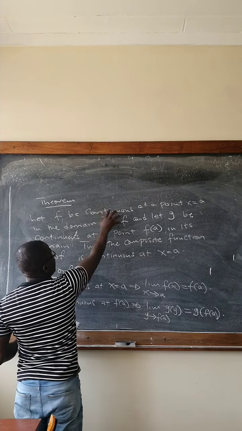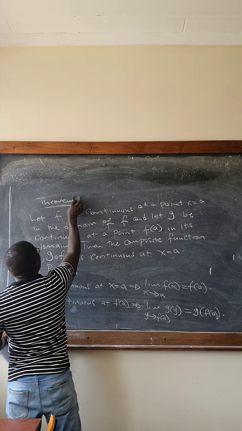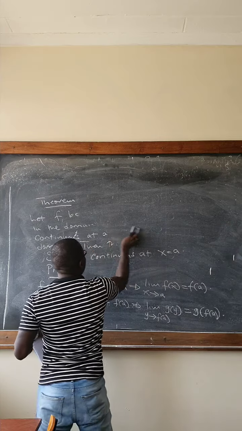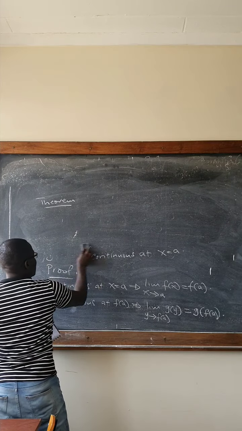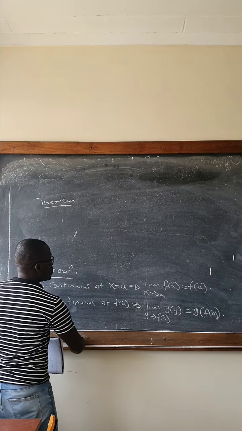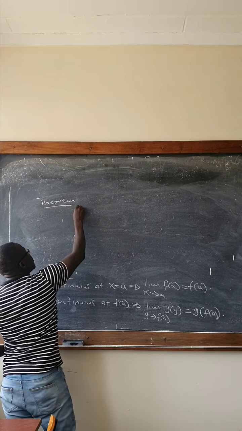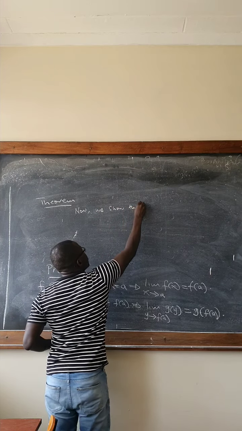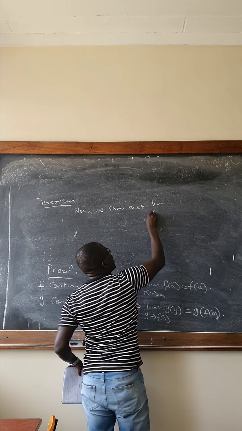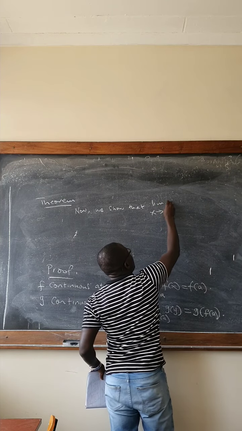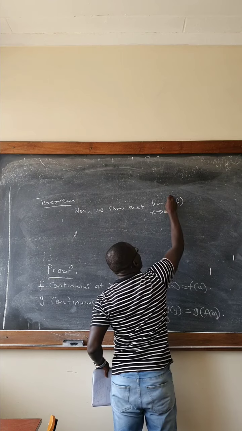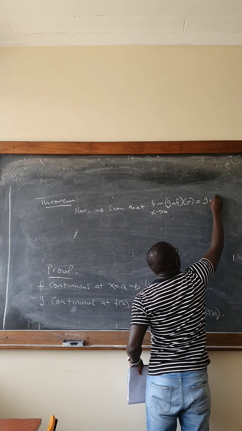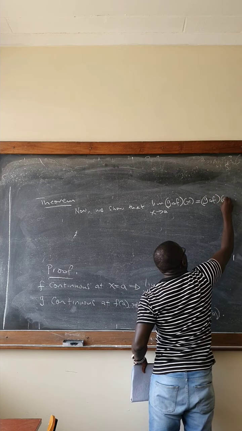So I'll remove this and write up here, so that now we show that the limit as x tends to a of g naught f of x is equal to g naught f of a.